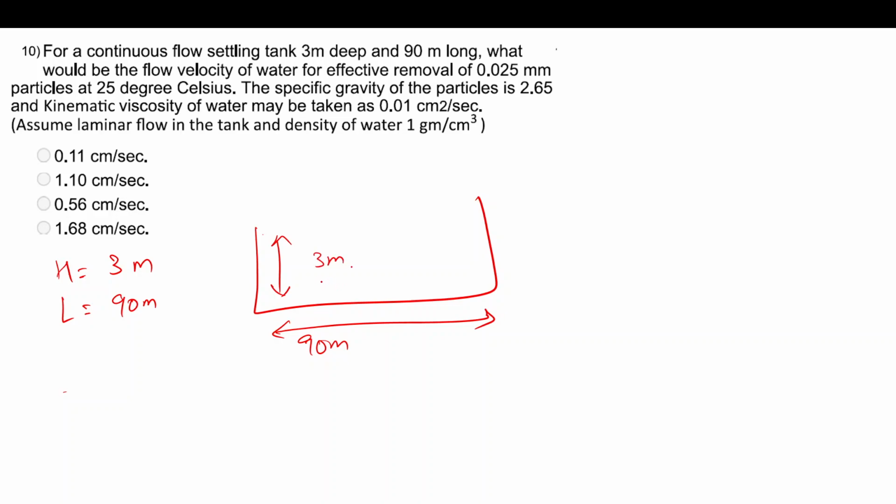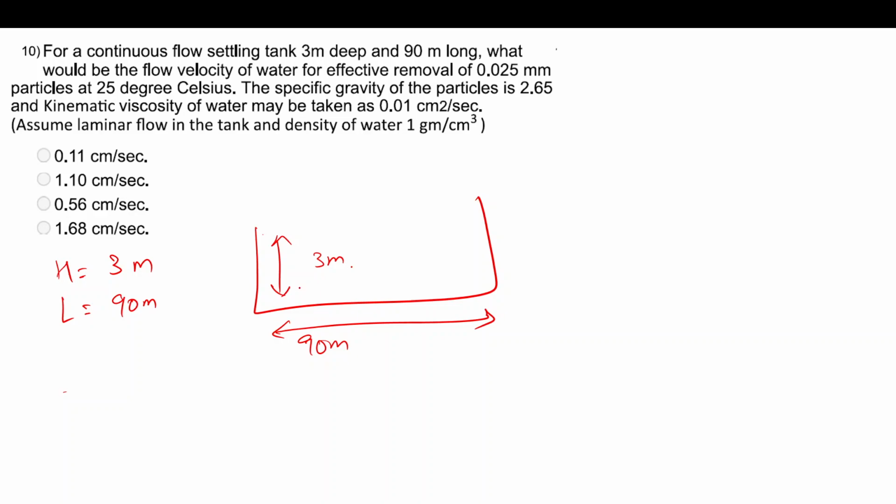What would be the flow velocity of water for effective removal of 0.025 mm particles at 25 degrees Celsius, with specific gravity of particle given as 2.65, and kinematic viscosity given as 0.01 centimeter square per second?